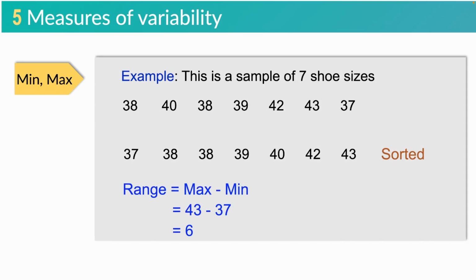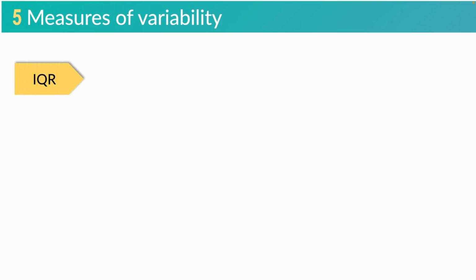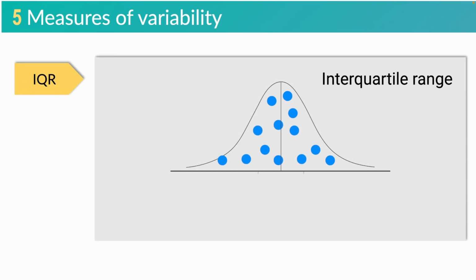The range gives us some idea of how the dataset is spread, but it does not tell us how much the observations inside the distribution of a dataset are spread. However, the interquartile range will give us more insight into the dispersion of the data. Interquartile range, or IQR, is the range between the first and the third quartile of the distribution of a dataset.